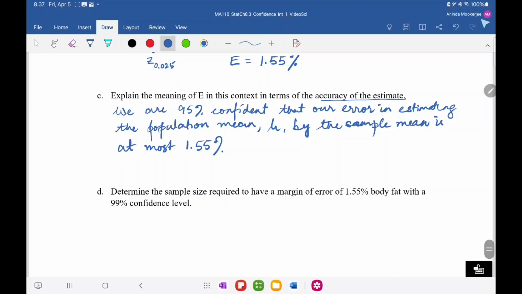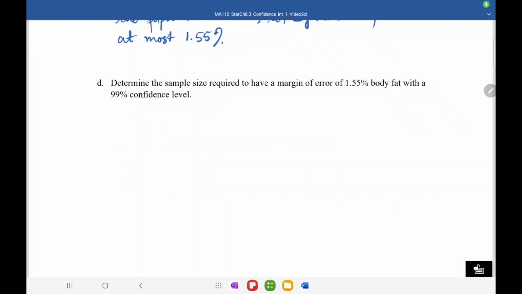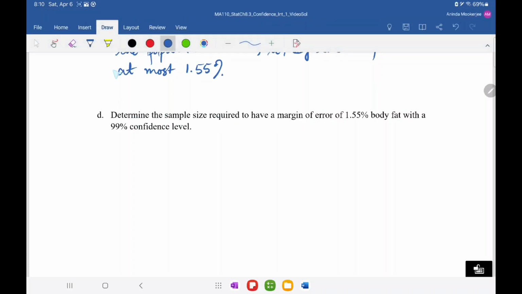Now part D of question number 6, which was finding the confidence level of body fat percentages, says determine the sample size required to have a margin of error of 1.55% body fat with a 99% confidence interval. So here the exercise is about finding the sample size, so they're asking us to find n.